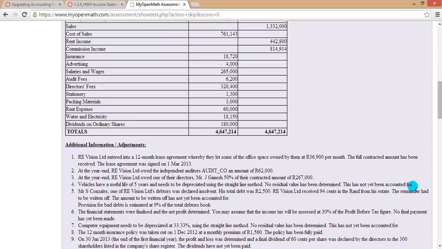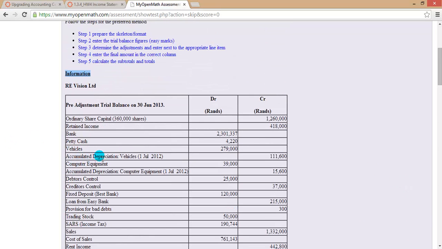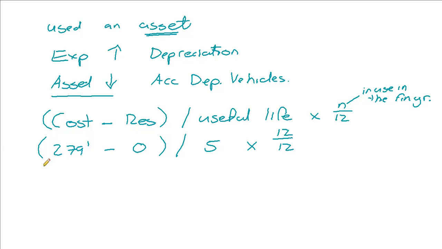So the depreciation or the usage for the current year is not yet included in this accumulated depreciation figure, and that is why we need to adjust for that to include the usage. If we take our calculator and calculate that, we're going to get 55,800, and that's the amount that my expense needs to increase by and my asset needs to decrease by.